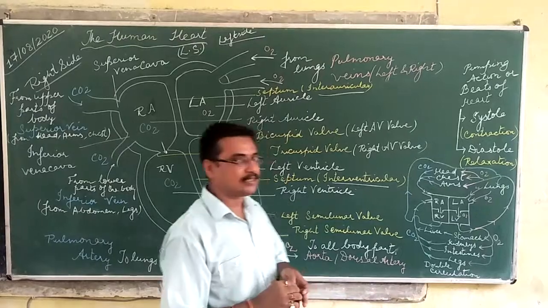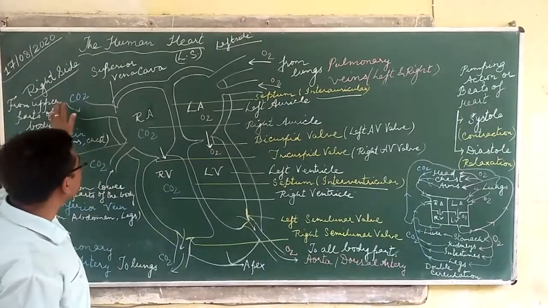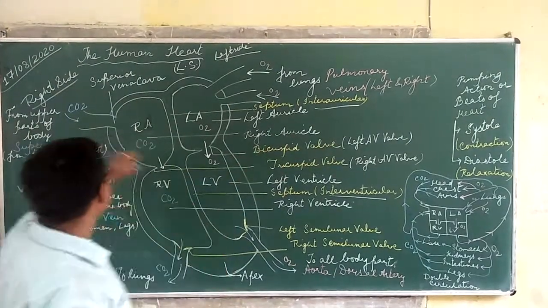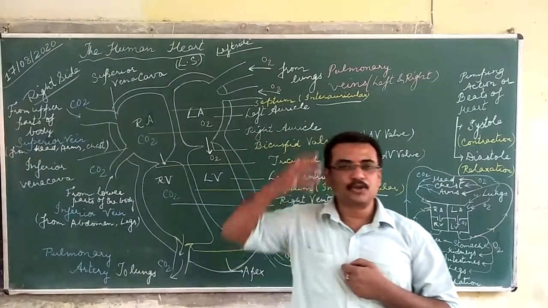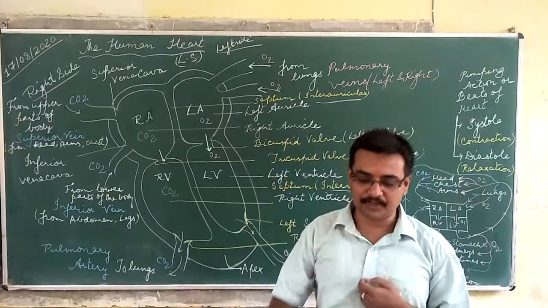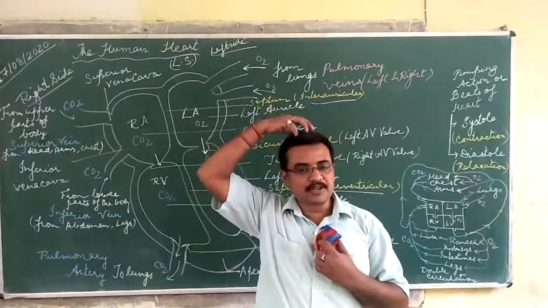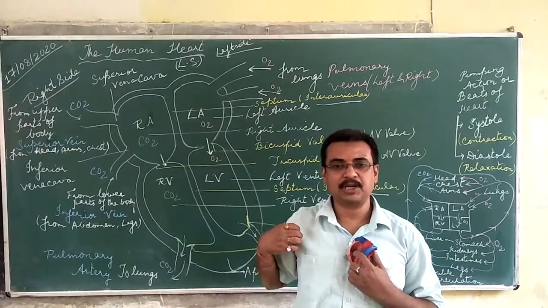We'll go for the positions a bit later on. Now here the blood is brought from the different parts of the body. This is the level or the plane of the heart, and I am taking all the parts from it. This will receive blood from the head portion, chest portion and arms.